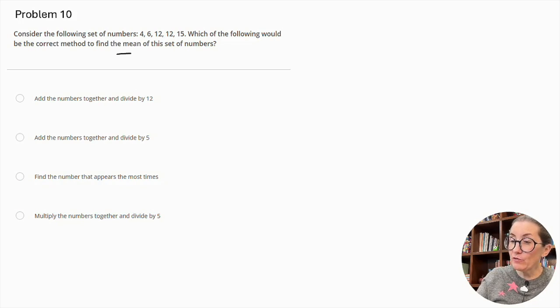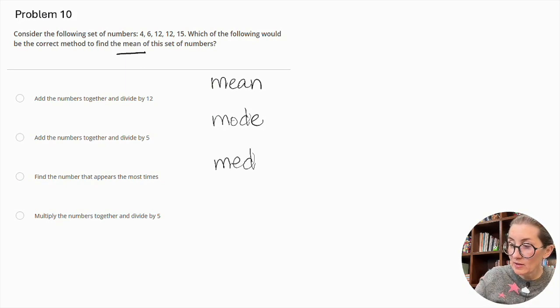So we're looking for the mean, and this is where the confusion starts because we've got 3 terms that all begin with m, and they tend to be confused with each other. Mean is what we're being asked here, and that is the average.